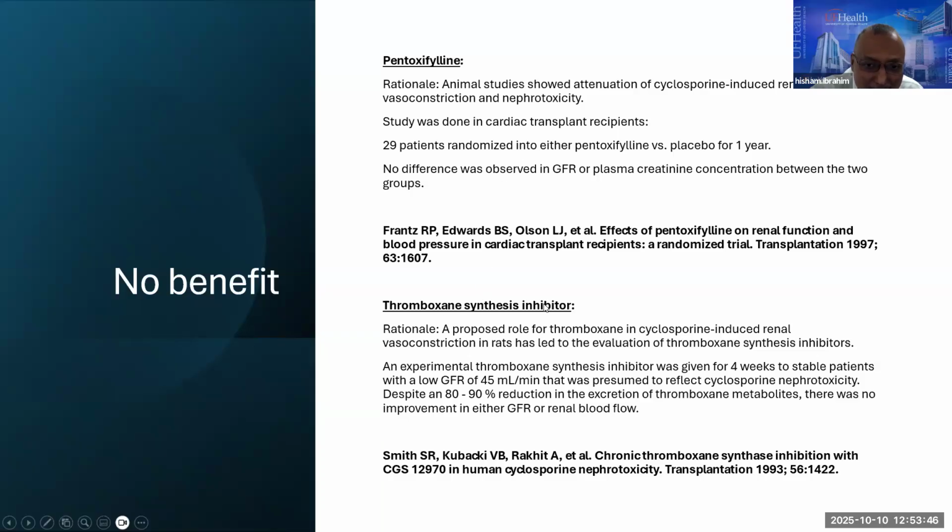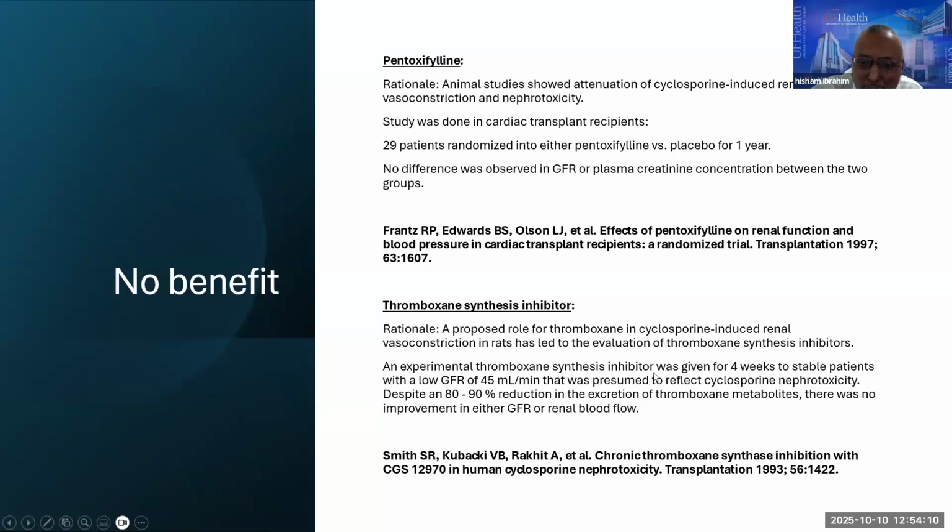Thromboxane synthetase inhibitors appear to be effective in mitigating cyclosporine-induced renal vasoconstriction in animal studies. So they tried this in humans. This experimental drug was given for 4 weeks to stable patients who had lower GFRs, in the 40s, an average of 45.